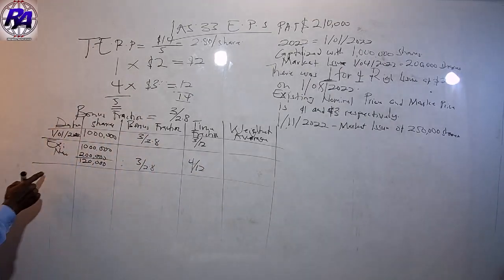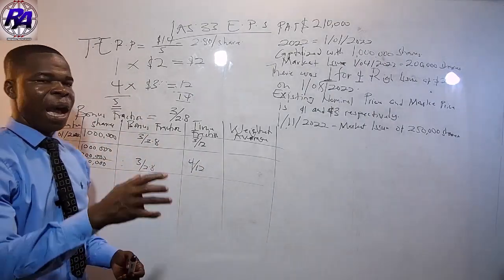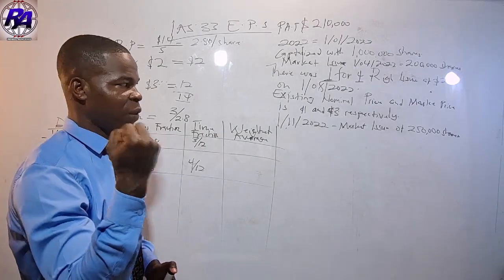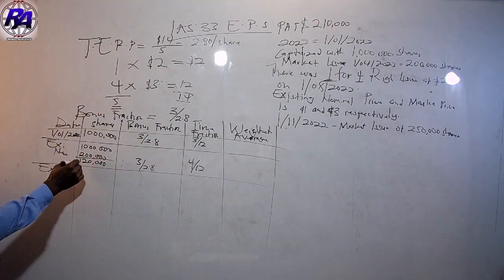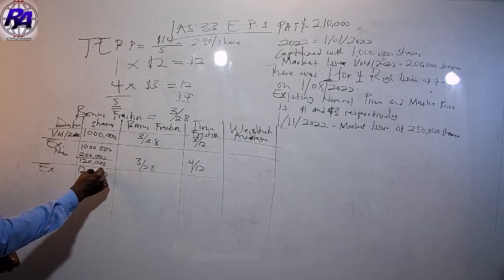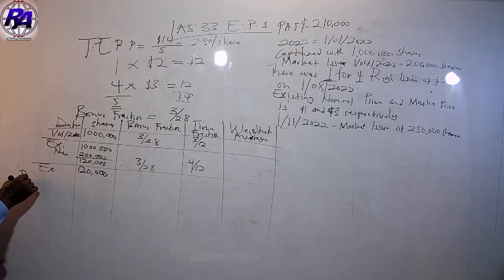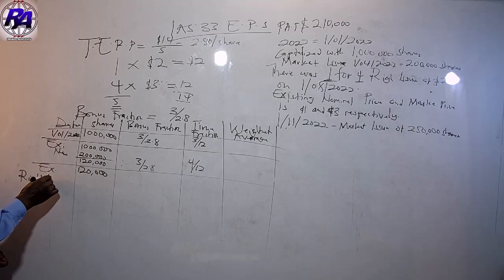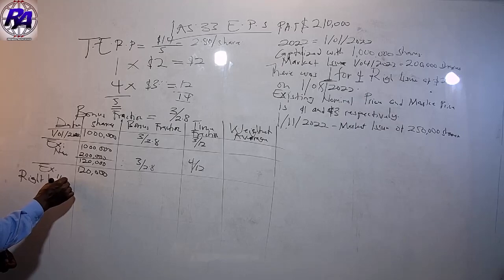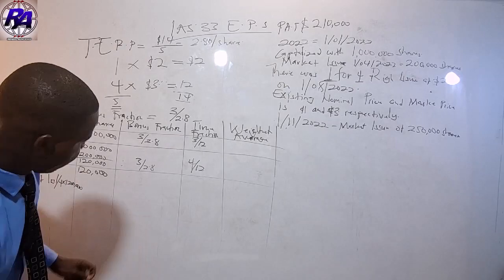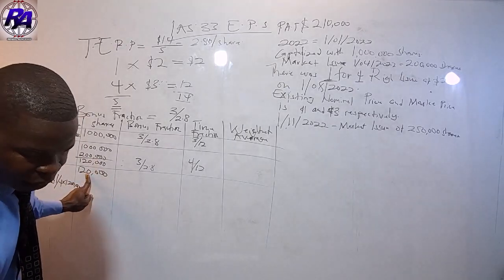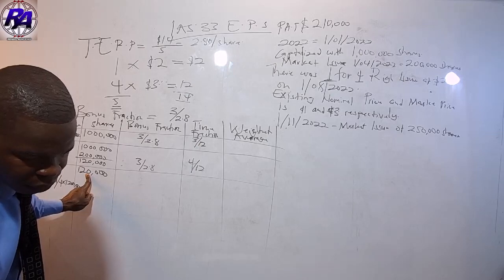Now, this was the right issue. How do we get a total number of right issue? Don't forget, it's going to be like the bonus issue. So the existing shares is 1,200,000. So our right issue is going to be 1 on 4, so 1 divided by 4 times the existing shares of 1,200,000.